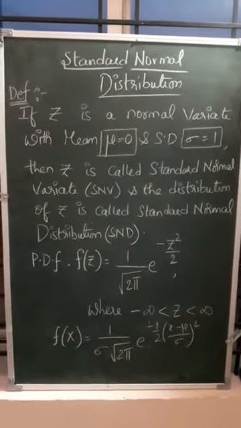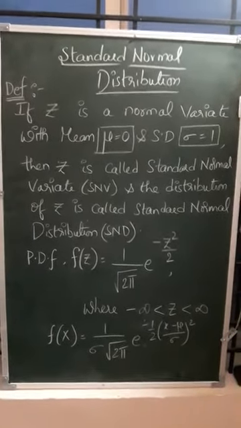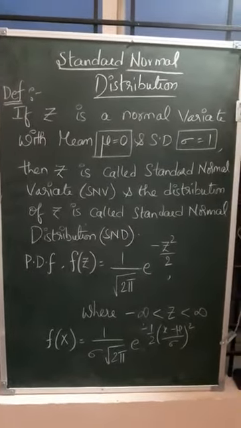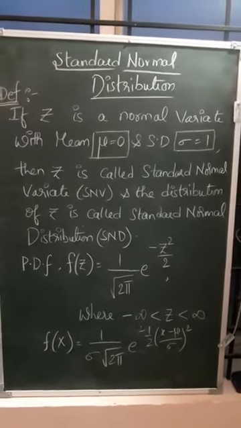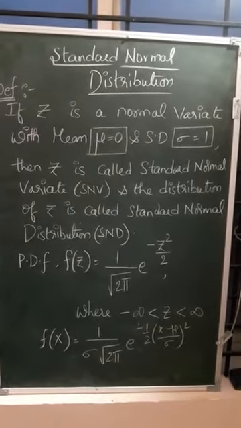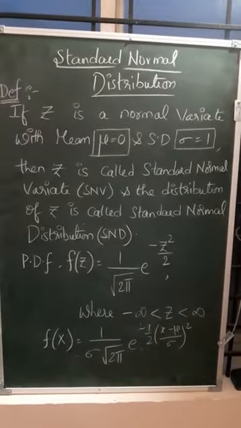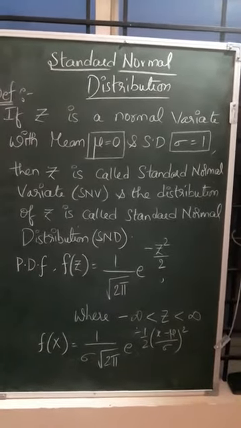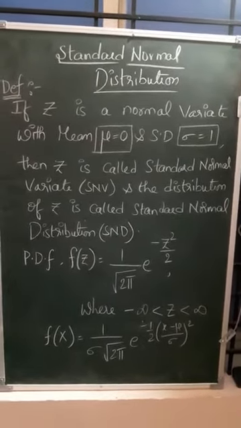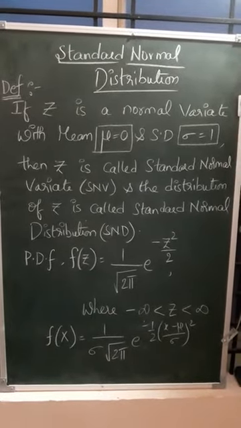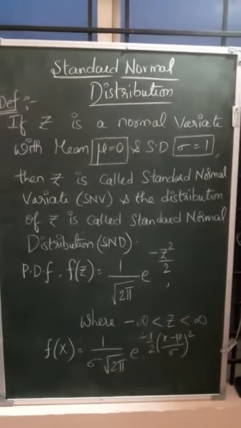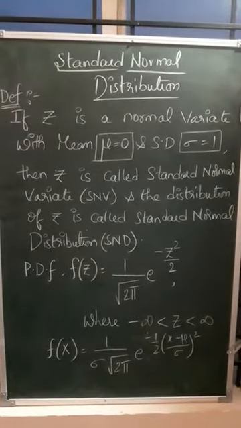The range of standard normal distribution is minus to plus infinity. Same, there is no change. Only the small thing is where mean mu is 0 and standard deviation sigma equals 1, then the Z we call a standard normal variate, and its distribution is called a standard normal distribution.